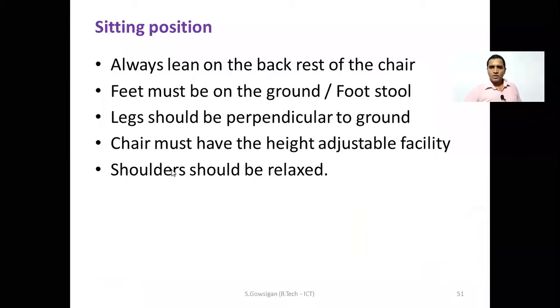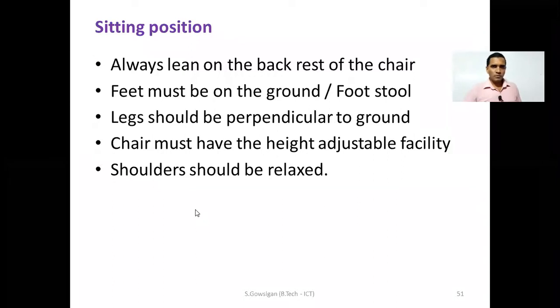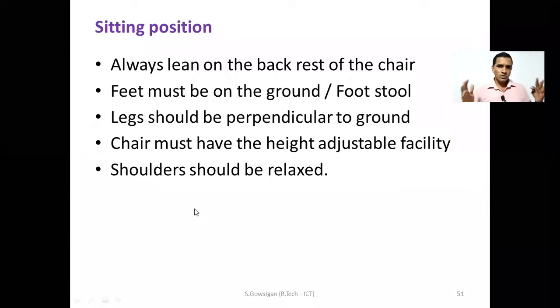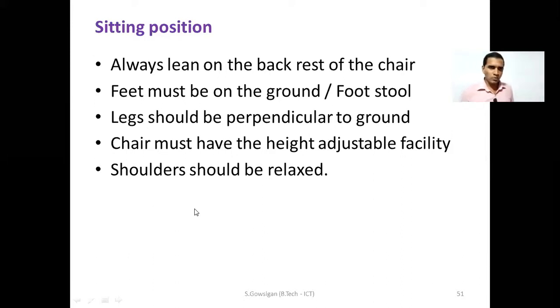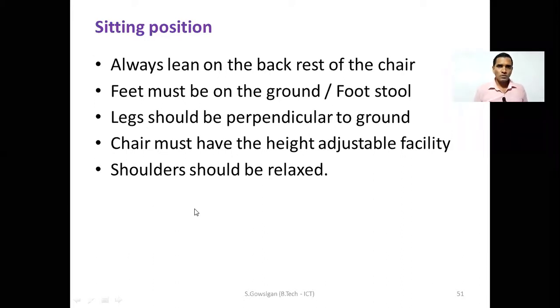Then we come to the sitting position. Your seating or sitting position is important. Listen to me. First of all, you have to lean on the backrest of your chair. If it is a chair, you know there is a back component.